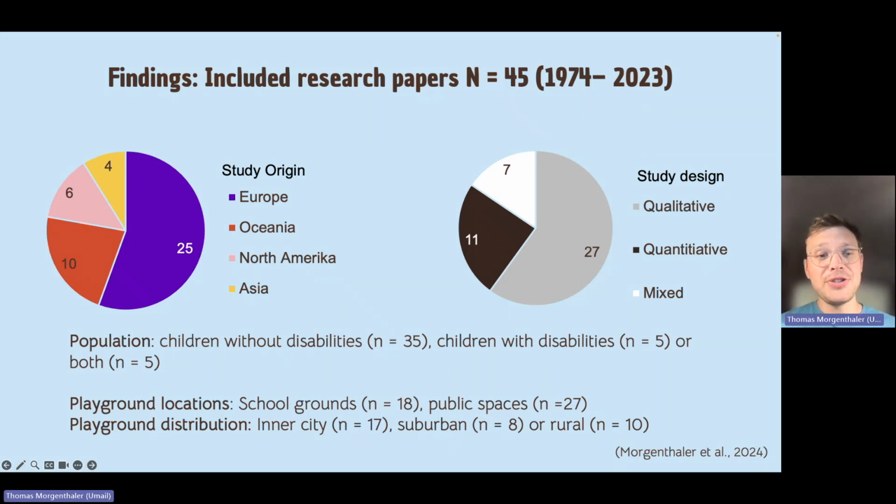The population was children with and without disabilities, although you can see that fewer papers included children with disabilities or a mixed sample. The playground locations included school playgrounds and public spaces, and we looked at different locations of the playgrounds, for instance, in inner cities, in suburban or rural environments.